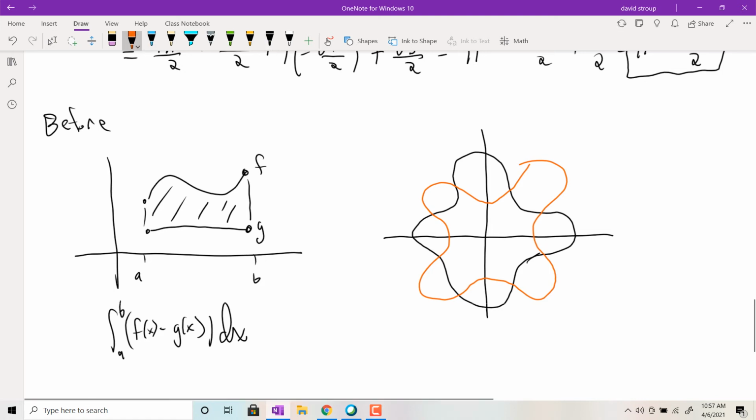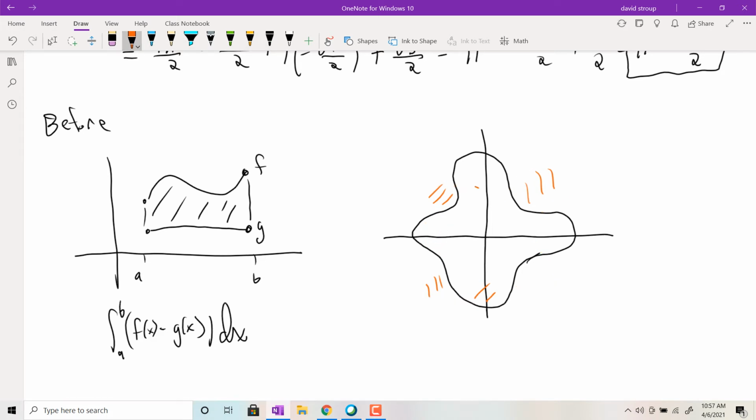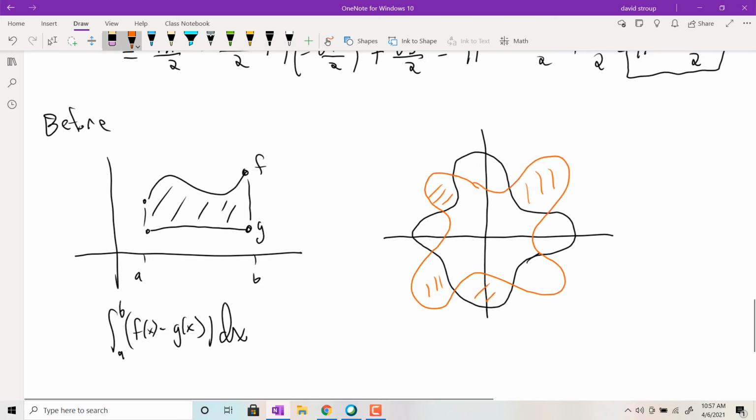And you're working maybe with propellers or something. You need to know the area of these things, right? These little wedges. I don't want the black ones. I just want those red ones.